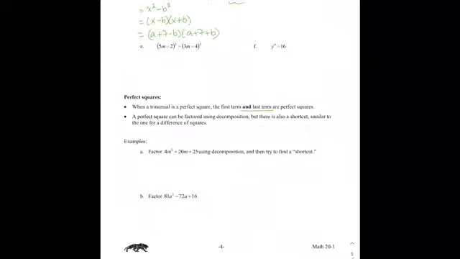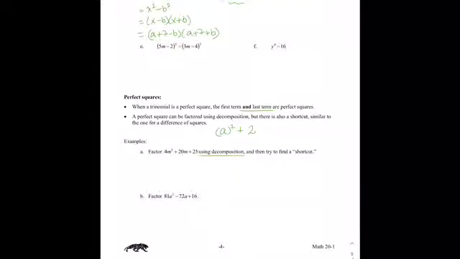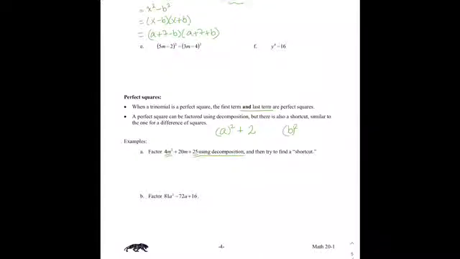And when we see a perfect square trinomial, we can always use decomposition to solve something like this question here, but when we look at a perfect square trinomial, we recognize there's a pattern such that the first term is a squared, the last term is a perfect square, like b squared, and the middle term is made up of 2 times the square root of a squared and the square root of b squared, which is 2ab.